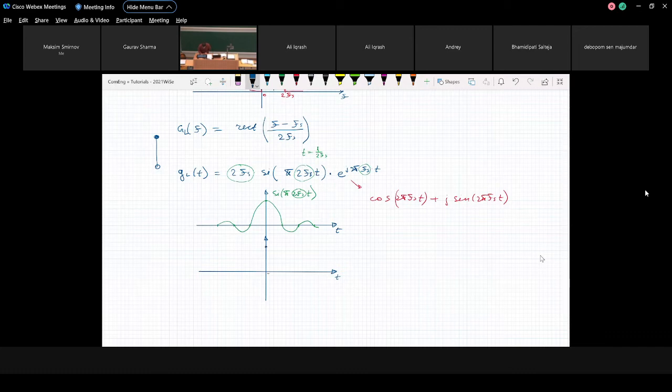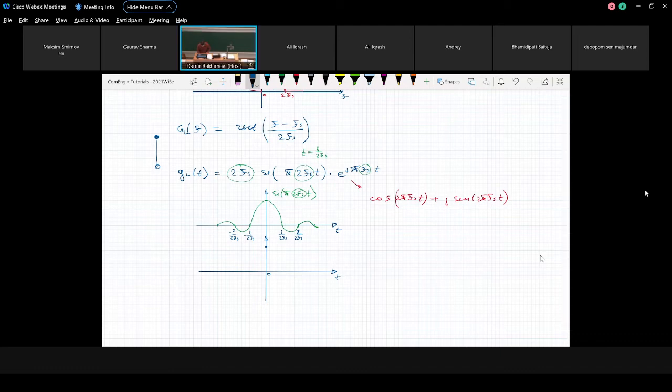So at 0, we have 1. Then at time 1 over 2 fs, and minus 1 over 2 fs.